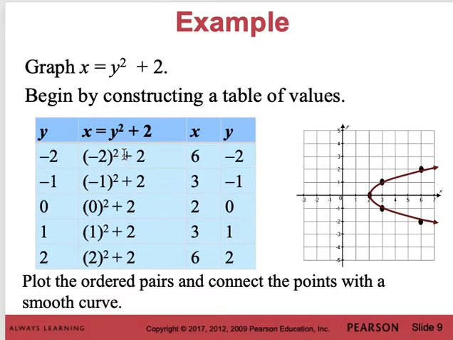And if I replace these values with y and solve for x, I can then write my coordinates, plot them on a graph, connect the points, and create a curved graph.